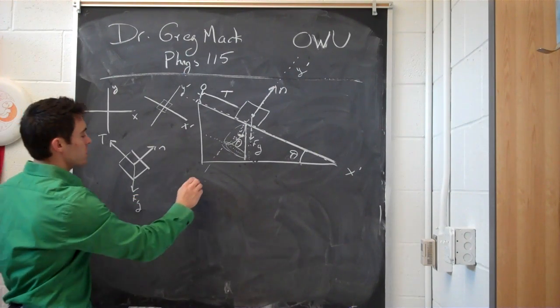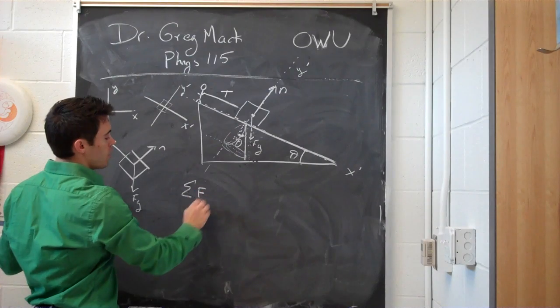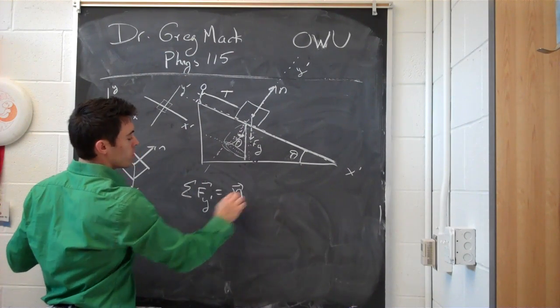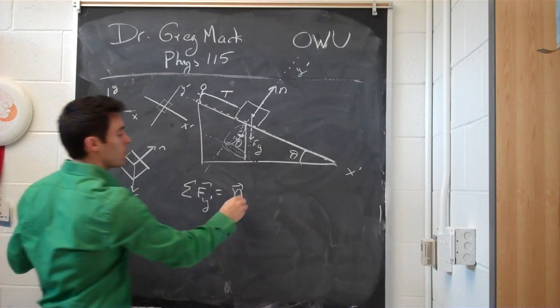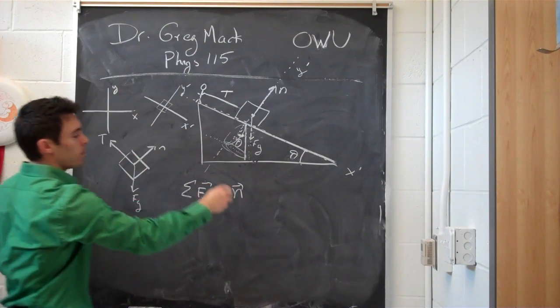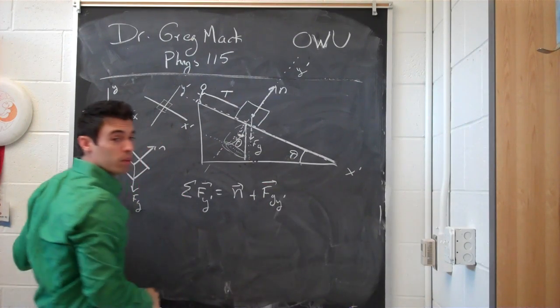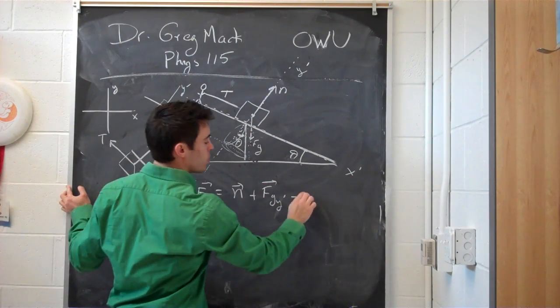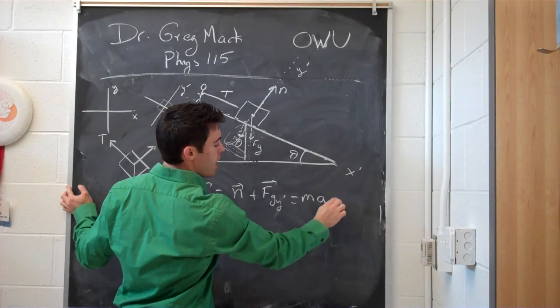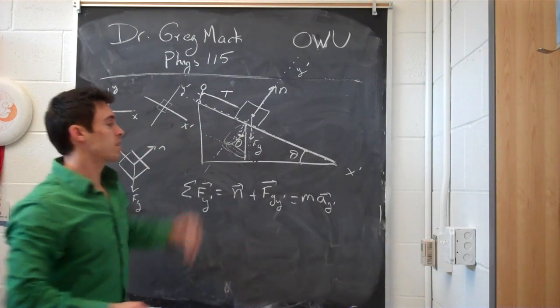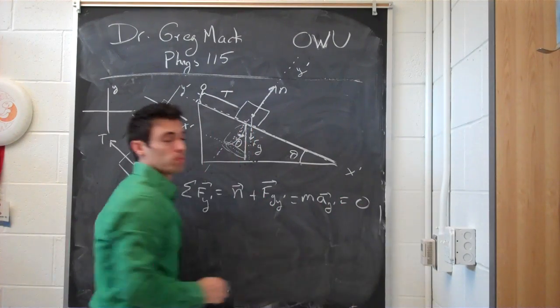So the sum of the forces in the y prime direction would then be equal to the normal force pointed up in the positive y prime, and we have the y prime component of the gravity, and that's equal to ma in the y prime direction, and it's not moving on the y prime axis, so that's 0.